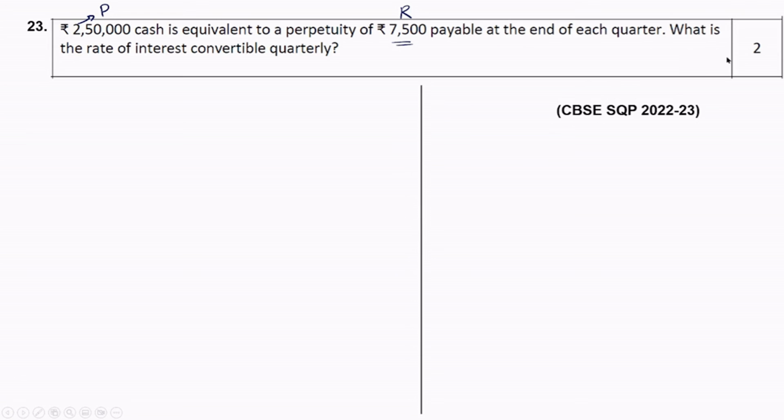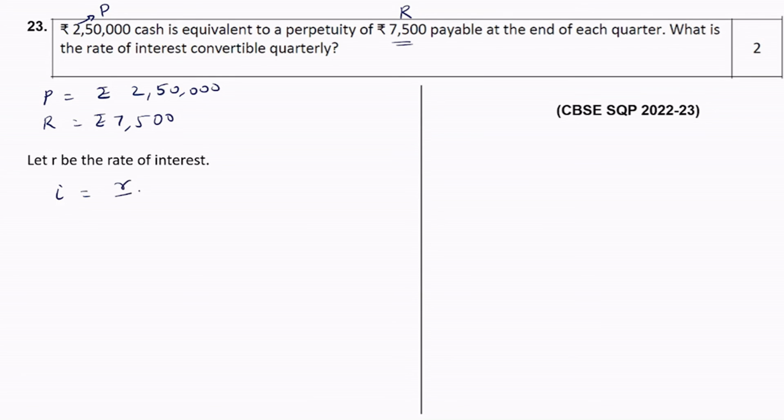So here we have to find the rate of interest that is convertible quarterly. So here let R be the rate of interest. So here we are given P as rupees 2,50,000 and R as rupees 7,500. If we take R as the rate of interest, then I will be R by 4 because it is payable at the end of each quarter, and here the rate of interest is compounded quarterly.